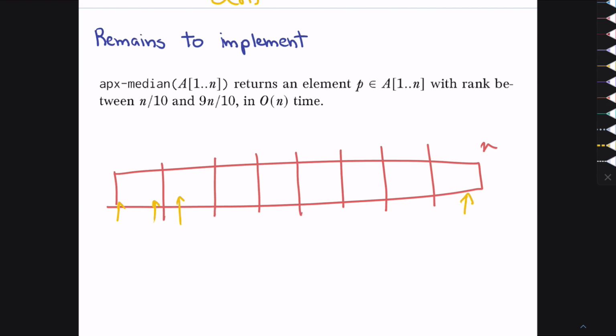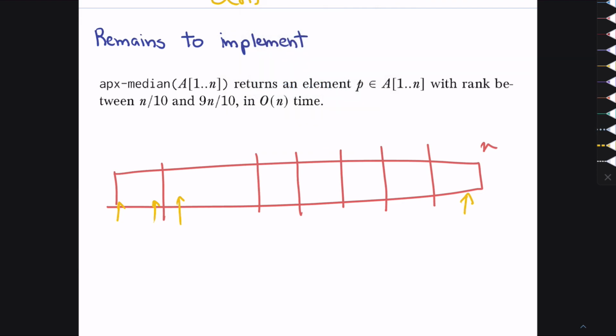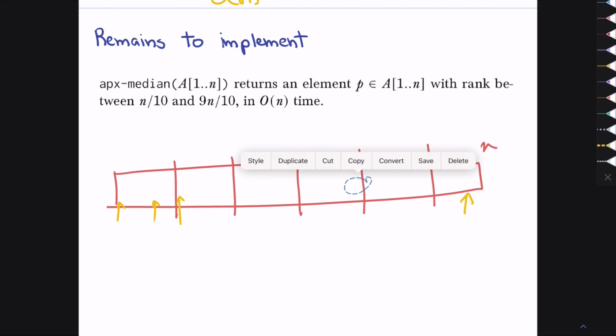So I want to make five groups. Okay, so look, here's 1, 2, 3, 4. Imagine those were actually evenly spaced out. Okay, so I've divided the input, I think, into five. Oh, that's six groups, isn't it? Okay, so here I've divided the array into five groups, and what should I do?